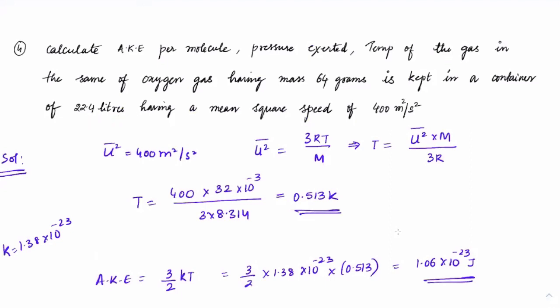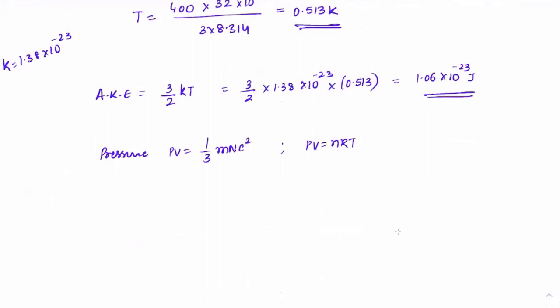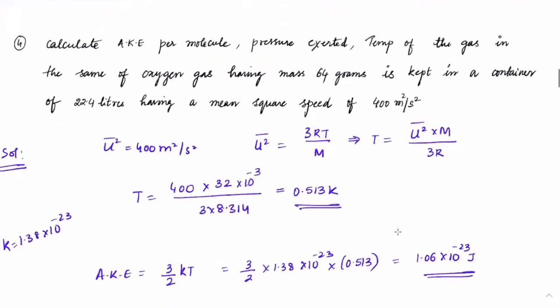So we should be able to calculate using PV is equal to nRT, so nRT by V. This time for calculating the pressure, definitely we need the information of the gas. So this gas is same as oxygen, having mass of 64 grams.